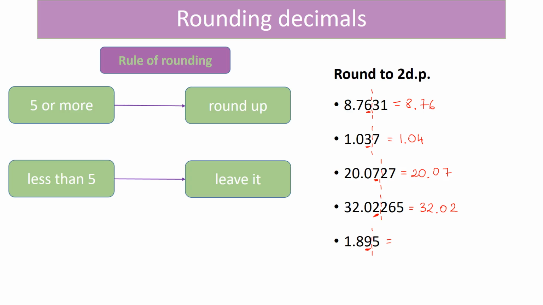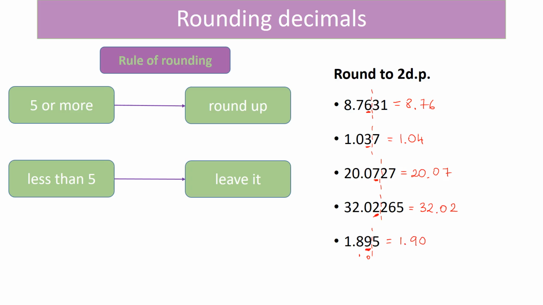And the last one, 9 is in the second decimal place. So I need to look at 5 to decide if I need to round up or not. When we have 5 or more, we round up. So that means that 9 would have to be rounded up. Now that becomes 10, so that means I'll have to have 0 here and then carry the 1. So that means now 8 will become 9. So it's 1.90.